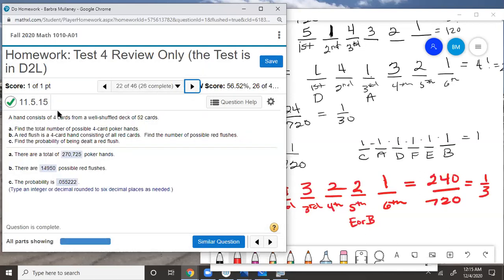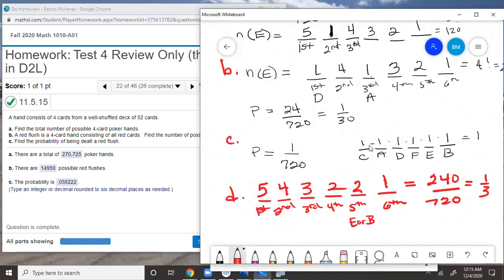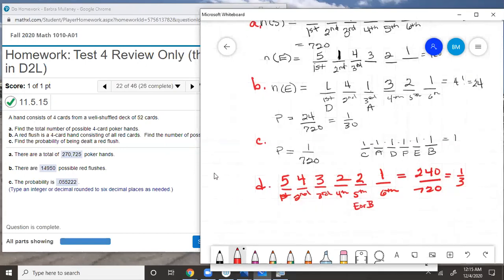Number 22. A hand consists of 4 cards from a well-shuffled deck of cards. Find the total number of possible 4-card poker hands.